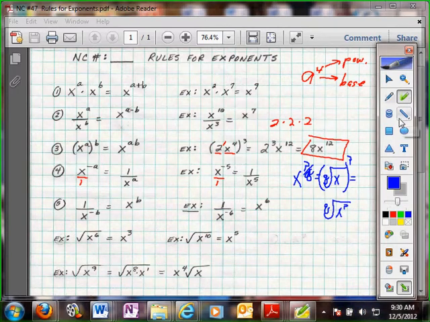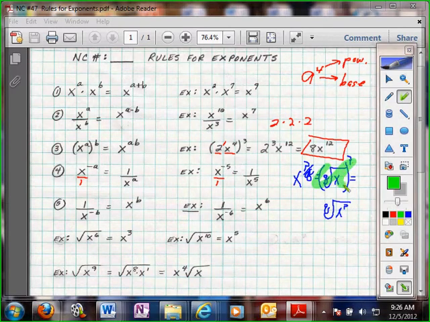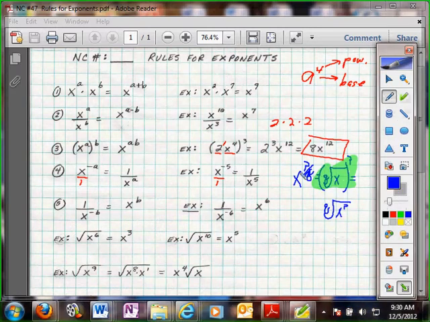Now there are three equivalent expressions here. The one that I like the best is this one, because it's very beneficial, and I'll show you in a second what I'm talking about. But you have to recall your p's and q's. If the q, the index number, is not there, that means there's really a 2 here, or there's a square root.